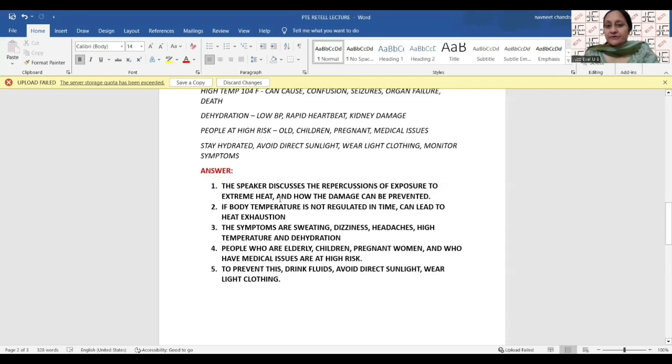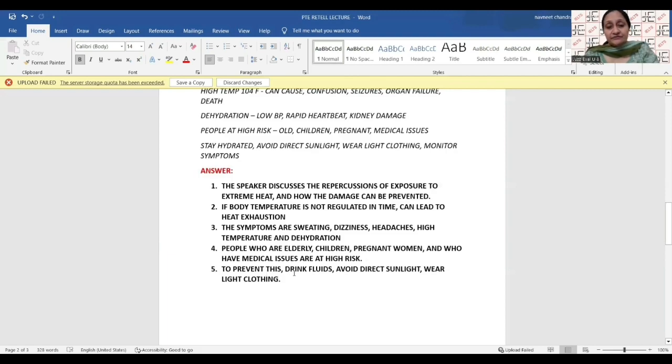Let's see. The speaker discusses the repercussions of exposure to extreme heat and how the damage can be prevented. If body temperature is not regulated in time, it can lead to heat exhaustion. The symptoms are sweating, dizziness, headaches, high temperature, and dehydration. People who are elderly, children, pregnant women, and who have medical issues are at high risk.